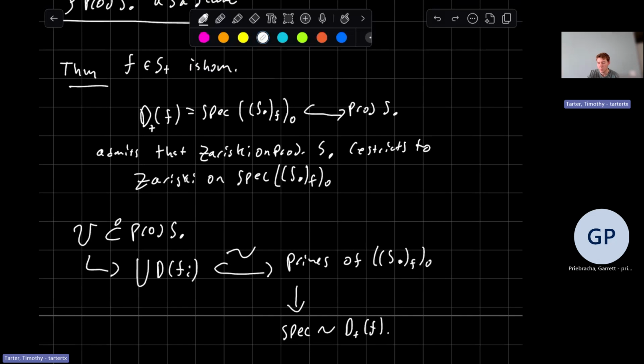Yeah. So does that all glue together nicely? Yes, it does.